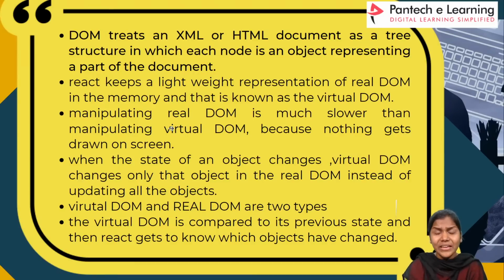Here is something in detail about DOM. It treats an XML or HTML document as a tree structure in which each node is an object representing a part of a document. Suppose you want to display a web page, we will have something like a heading, paragraph, images, like that, correct?